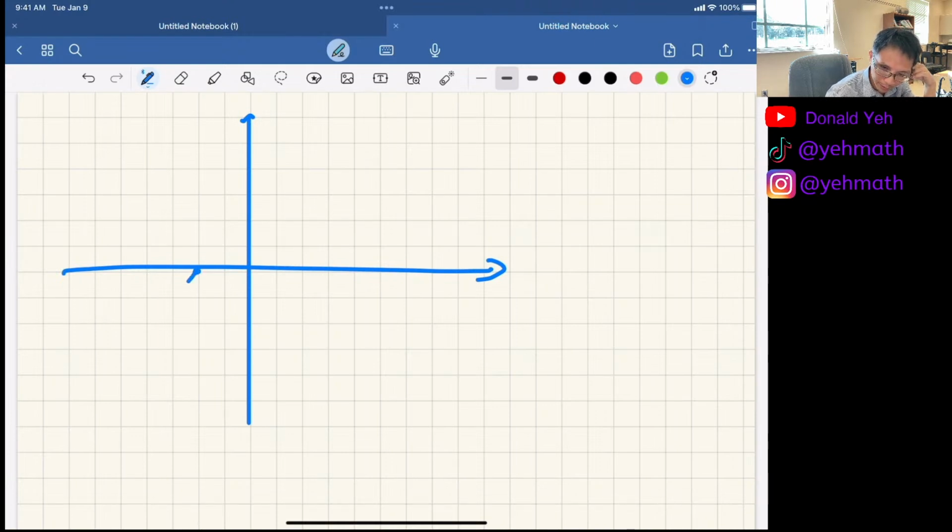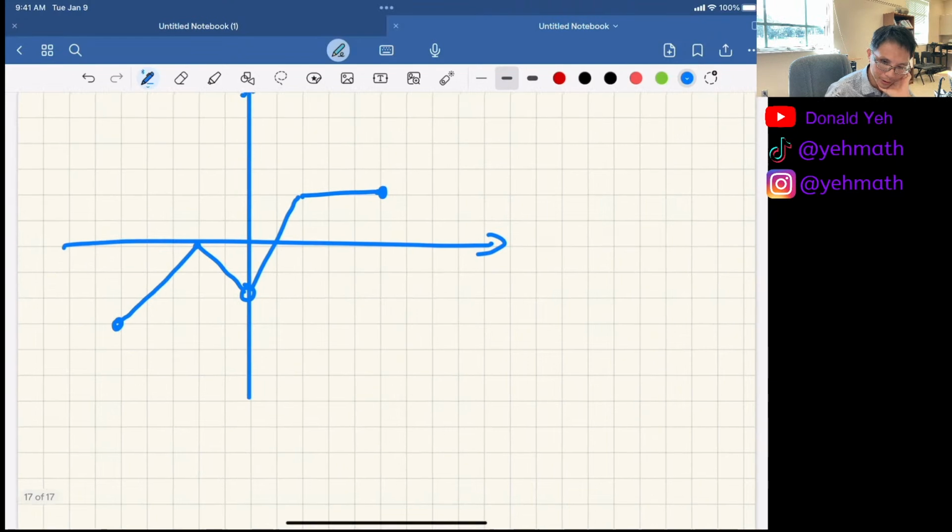So it's like this, and like this, and like this, fill in circle. So she says, can you help me with graphing the absolute value of g of x?